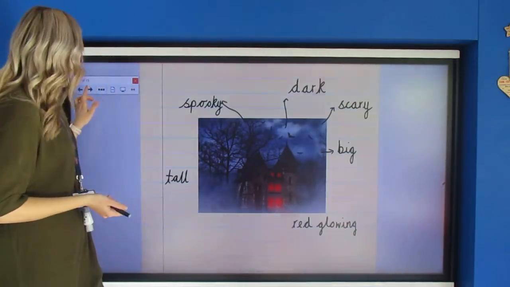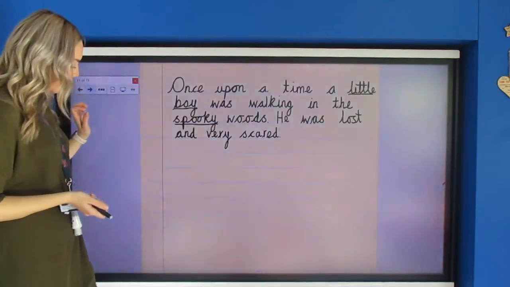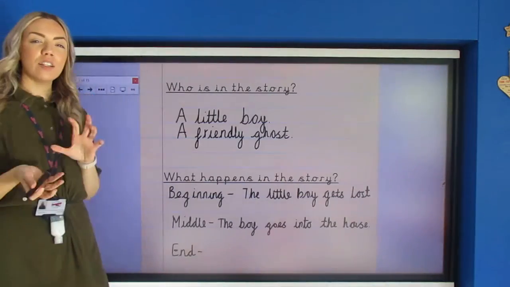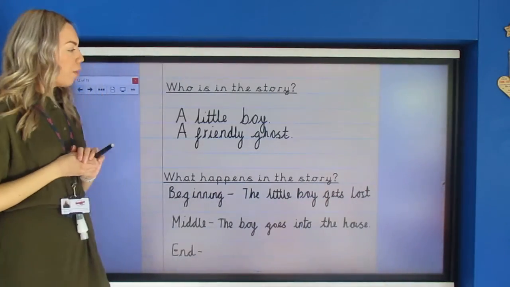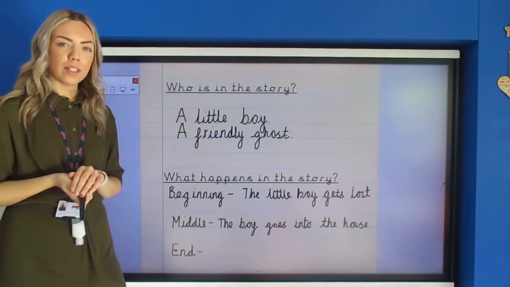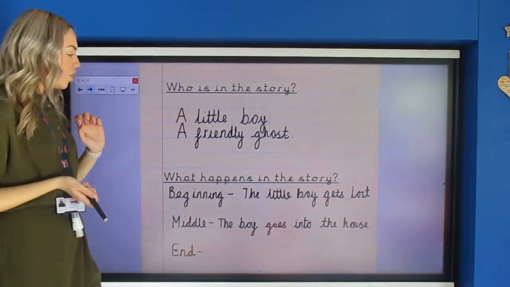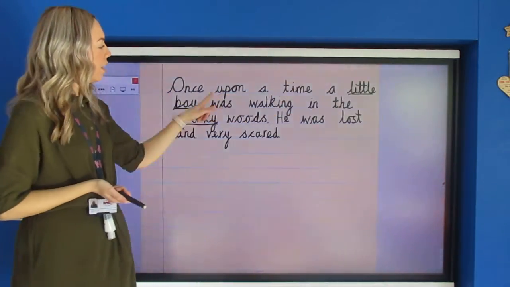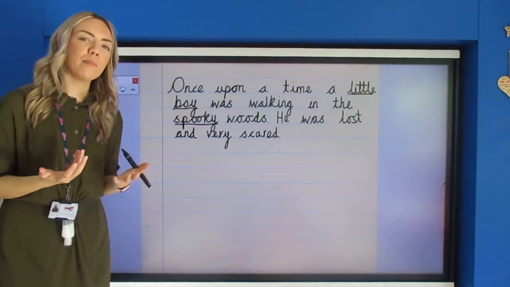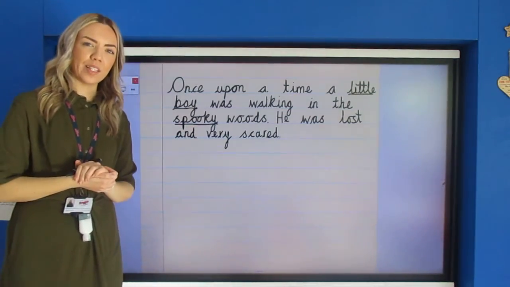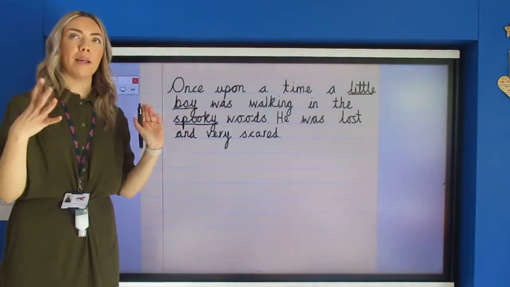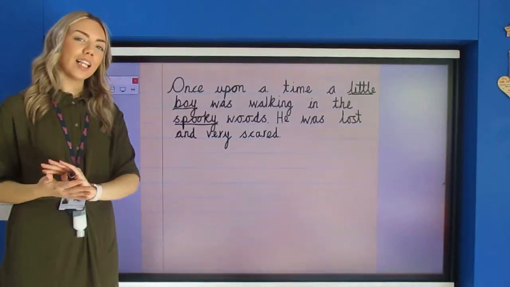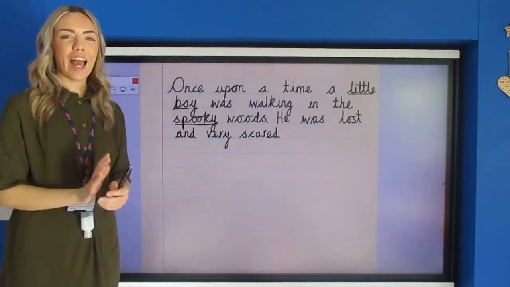And then for the end of the story, let's have a look. I said the little boy was going to go home and the friendly ghost was going to help him, didn't I? So at the end, thinking about our opener, what do we sometimes read at the end of our stories if they are a traditional tale or make-believe? And they all lived happily ever after.